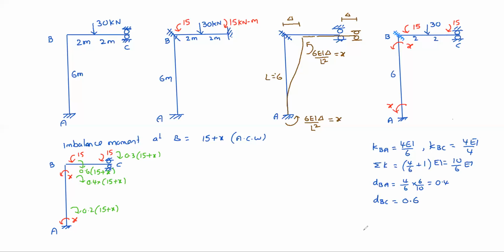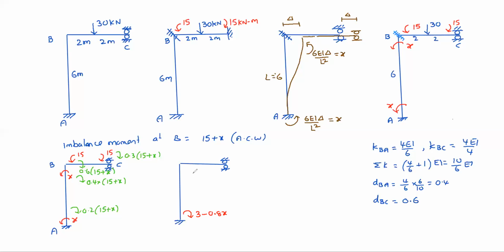Now we will see the net. Net is here 15 into 0.2, that is 3 clockwise. Anti-clockwise X, clockwise 0.2X, so 3 minus 0.8X.